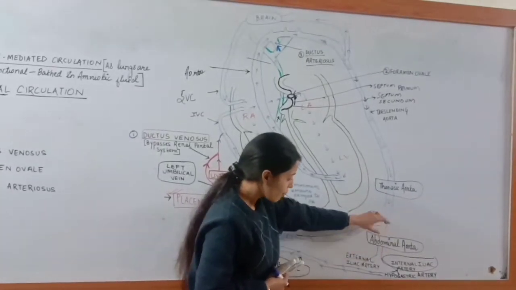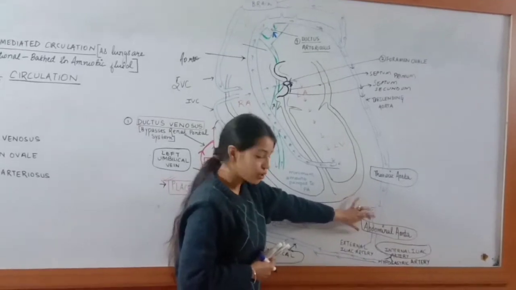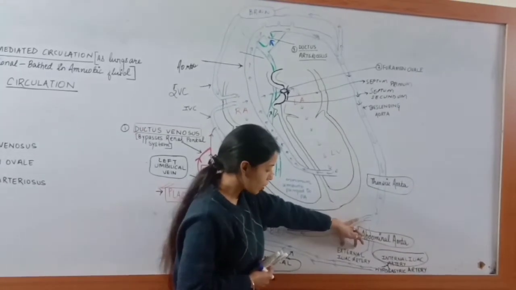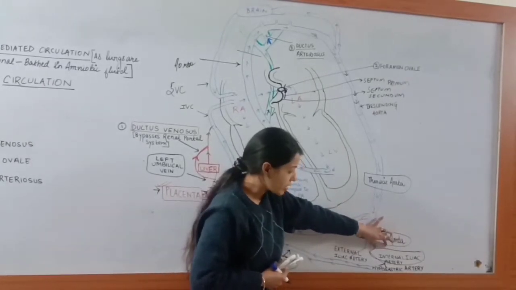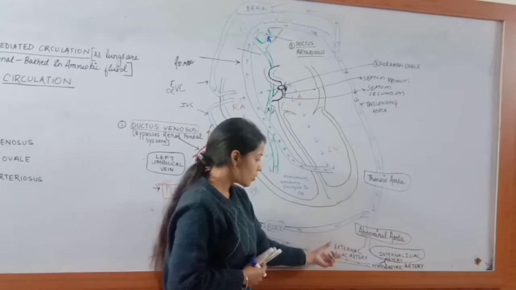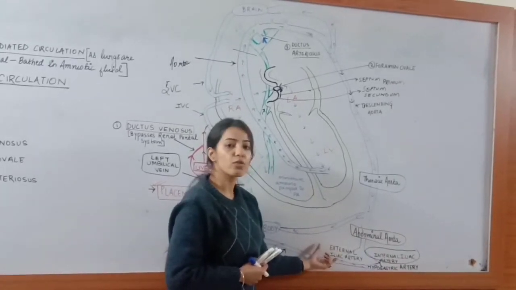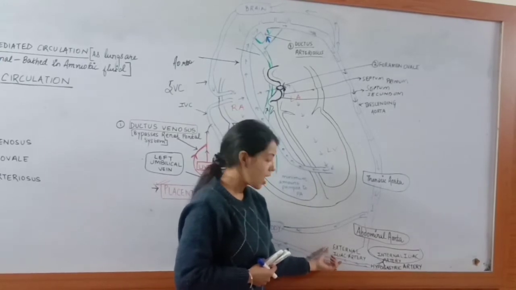aorta. From the abdominal aorta, there will be two sets of arteries which are called external iliac artery. Again, two sets of arteries which are called internal iliac artery. So this external iliac artery is going to supply the blood to the legs, to the limbs.